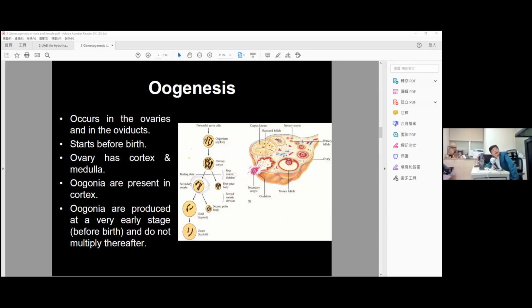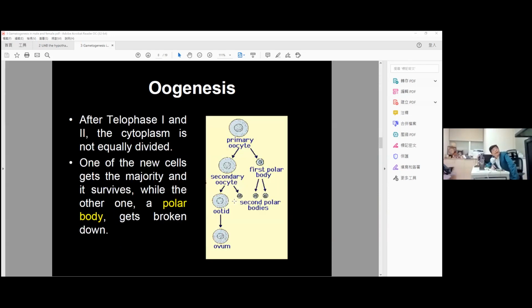They go through meiotic division 1 and division 2. This is the so-called oogenesis. The polar body is a small condensed DNA here.